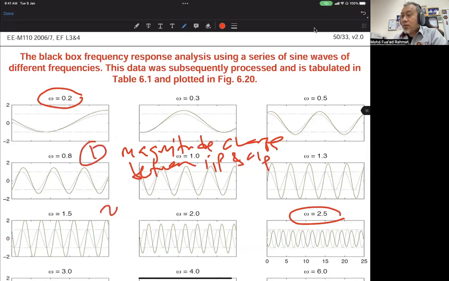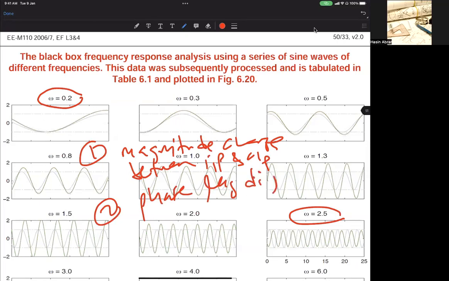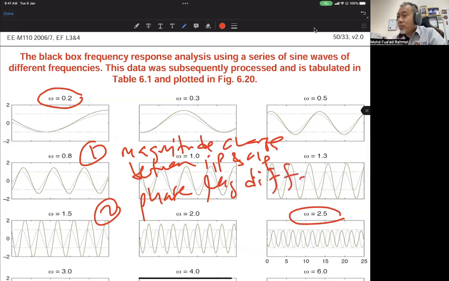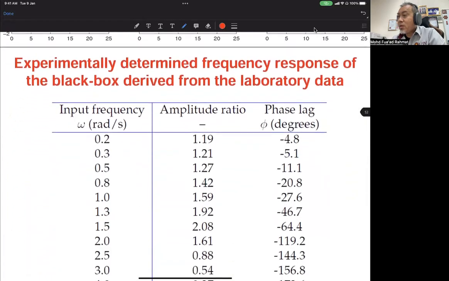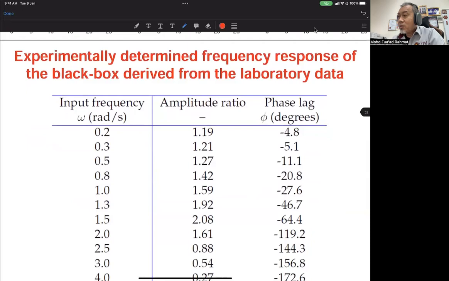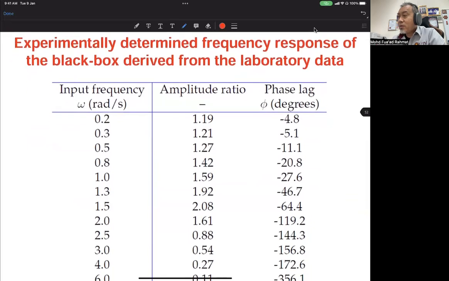That is the first observation. Second observation is the phase lag difference. Okay, there is a phase lag between the input and output of the signals. So experimentally, we determine this. Okay, it is the black box data derived from the laboratory.